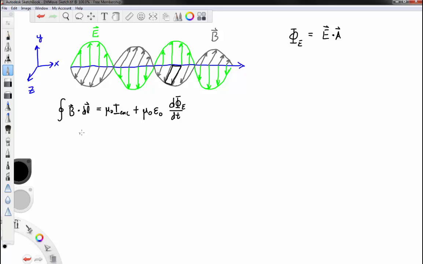First we'll take the integral of B dot dl. Again, this part right here, the conduction current, is zero if we're in free space. So B dot dl is going to be the integral of this magnetic field as we move around this basically closed loop. So the closed loop needs to be like so. And this closed loop that we're going around has, again, a dx.